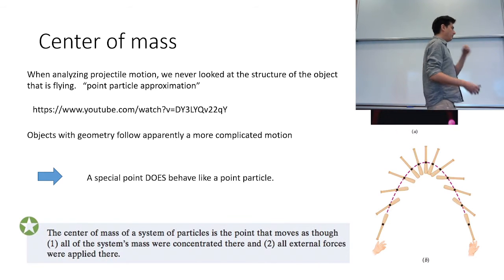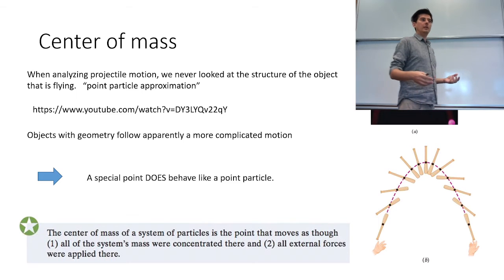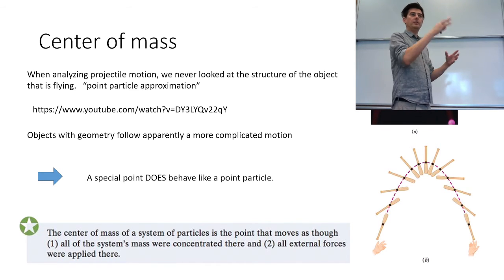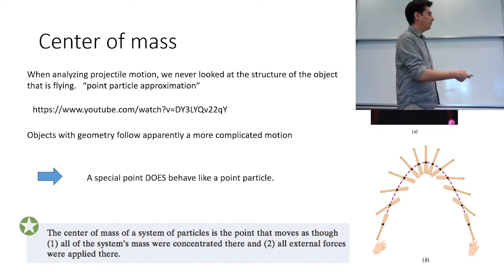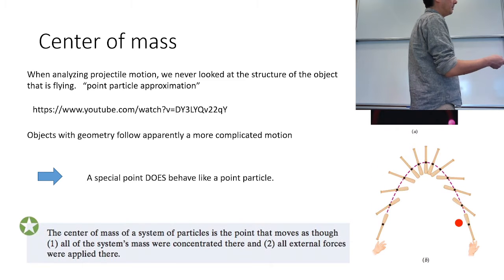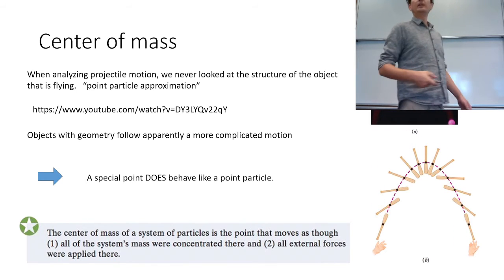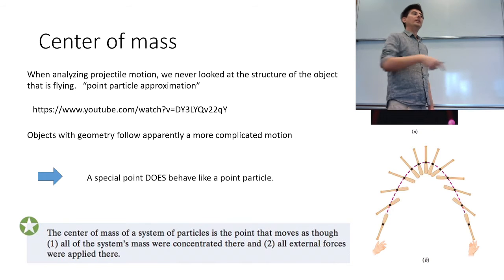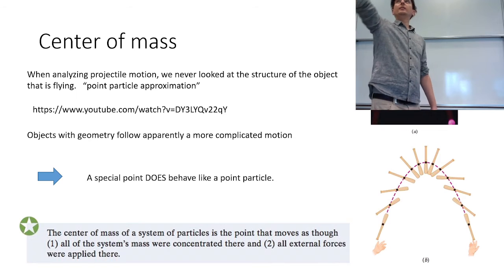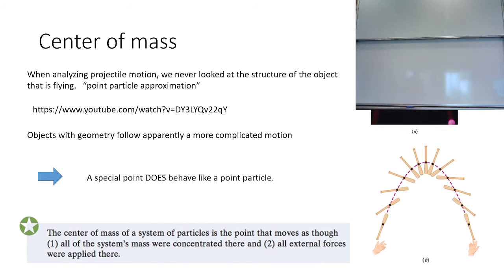So the other points of the object might be doing some more complicated motion. So for example, if you look at the tip of this bat here, in this case it actually looks pretty much like a parabola, but if it was spinning more, then it might be sort of wobbling around as it's going around in this parabolic motion, right?